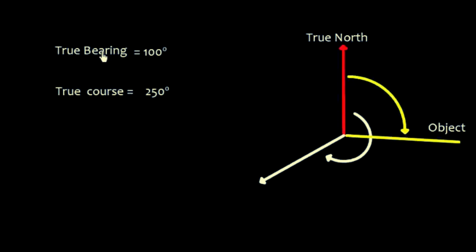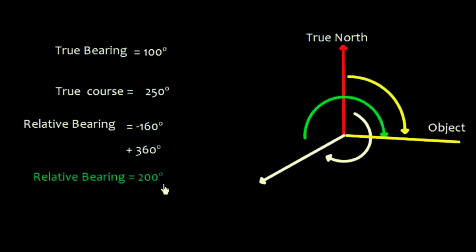So we need to find the relative bearing here. True bearing is 100. That means from true north to the object, this is 100. Well, the relative bearing will be minus 150. So relative bearing cannot be minus. We need to add 360 degrees. So relative bearing is 210, which is from the ship's head to the object in the clockwise direction.